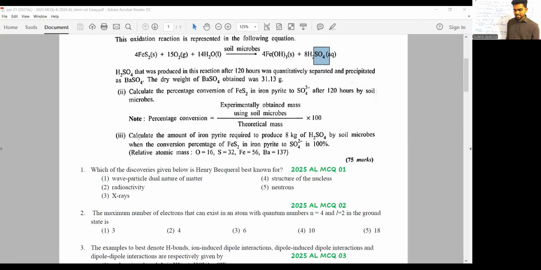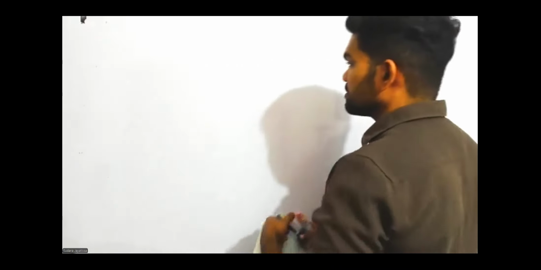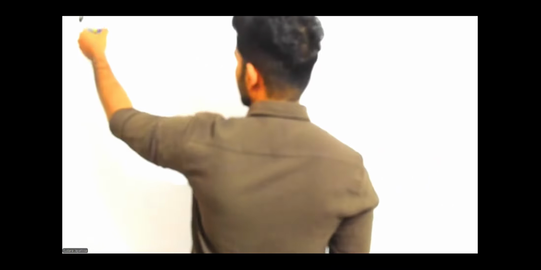So they are asking what if the conversion percentage was 100%. If you want to produce 8 kilograms of sulfuric, how much iron pyrite do you need? Okay, so we need 8 kilograms of sulfuric.